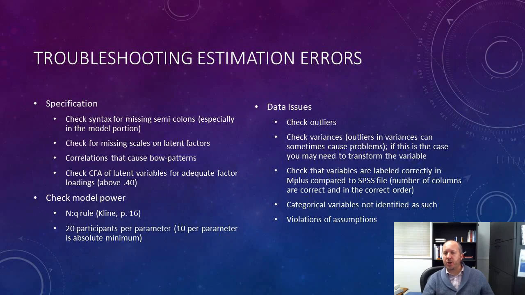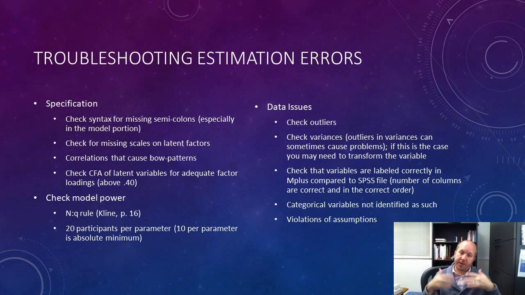Also a very common issue that can happen is that when you have changed your file and gotten it ready for M+, when you've made that .dat file and removed the variable names, you've actually made some errors in your syntax in M+, or in transferring it, where you have not adequately said this variable equals this column of data.